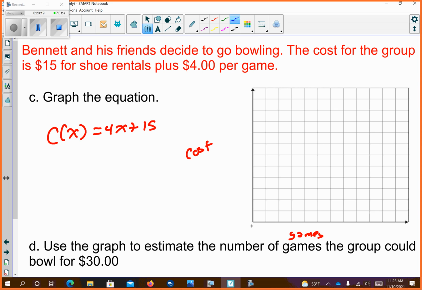So I think I can label this one 0 games, 1 game, 2, 3, 4, 5, 6, 7, 8, 9, 10, 11, 12. But I have to get up to 15 in the y direction somehow. Okay, so I might not count by 1s, I might count by 2s.